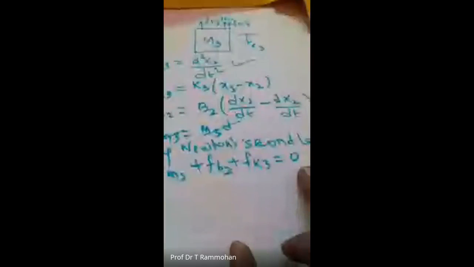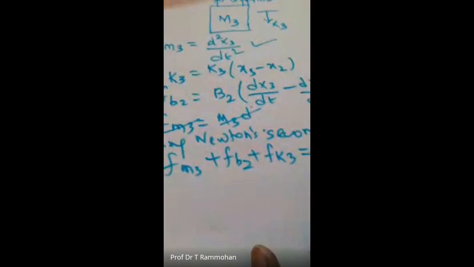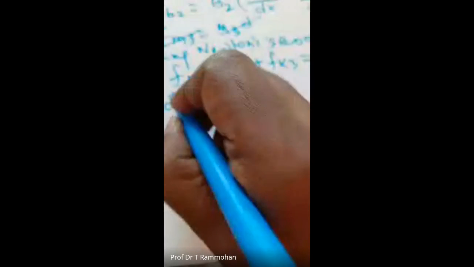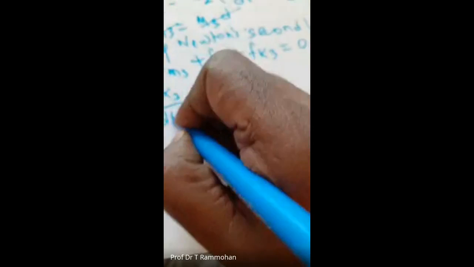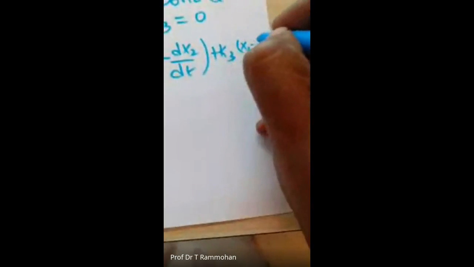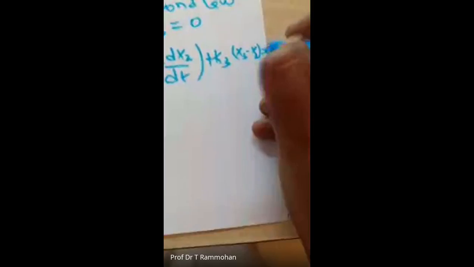Now Fm3 is M3 into d square x3 by dt square, plus B2 into dx3 by dt minus dx2 by dt, plus K3 into x3 minus x2 equal to 0.